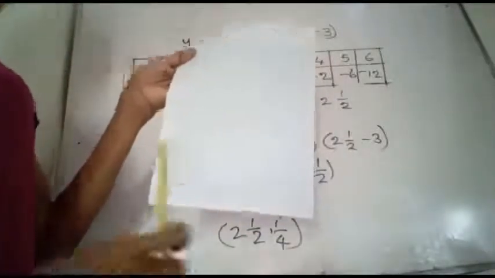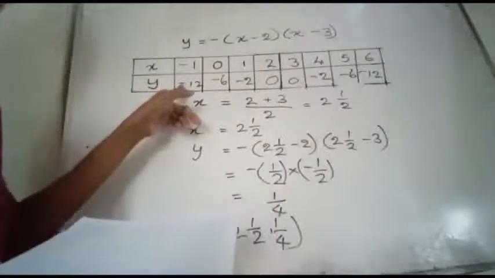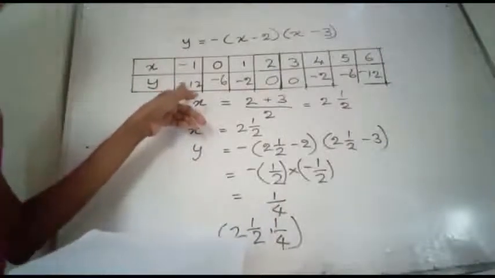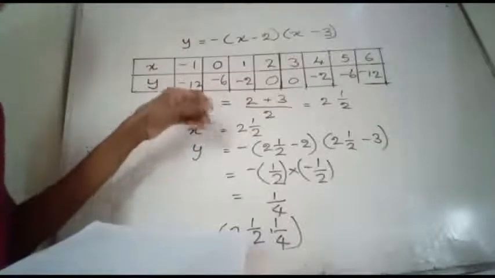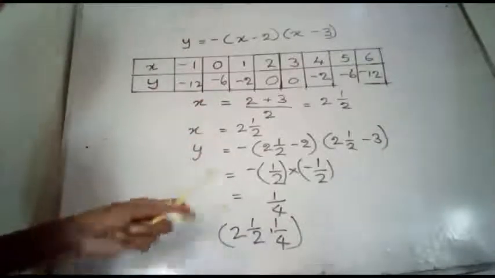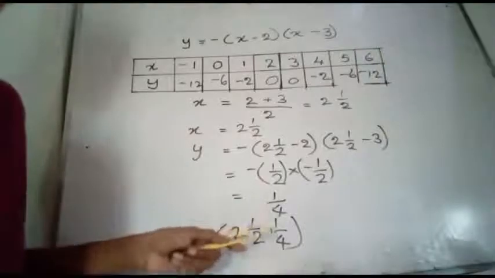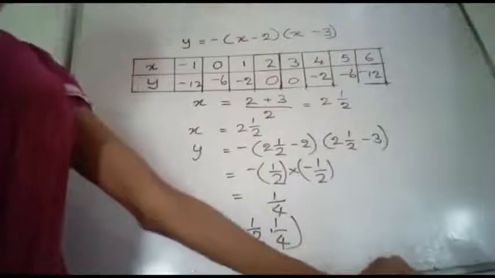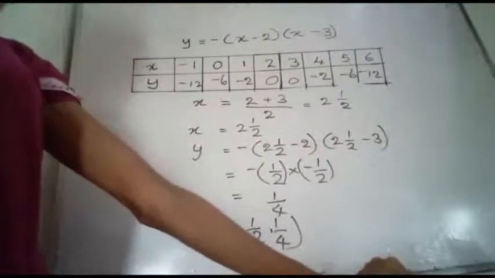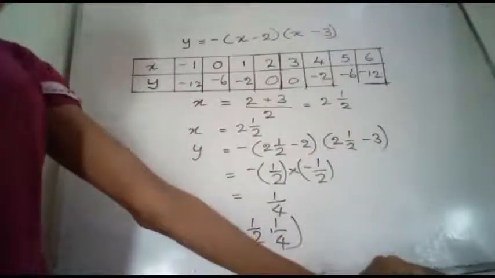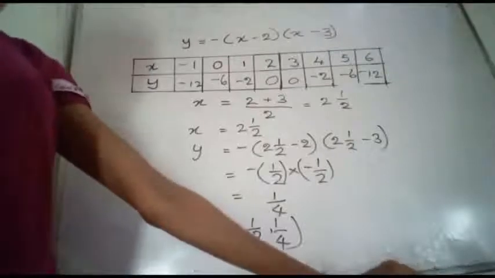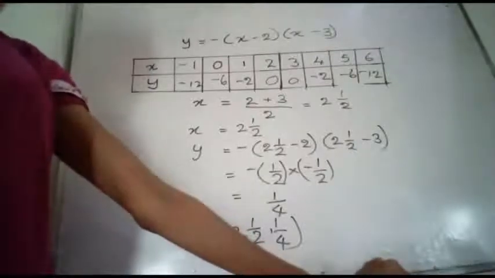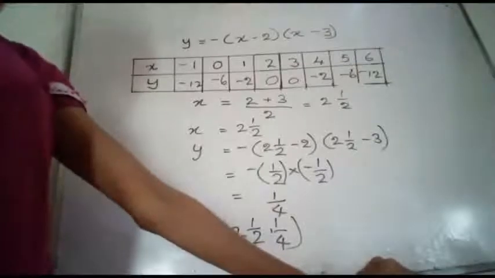Here the minimum value is negative 12 and the maximum value of y is 2 and 1/4. Then we can take 10 small divisions along the x-axis to be 1 unit and 10 small divisions along the y-axis to be 1 unit as scale.